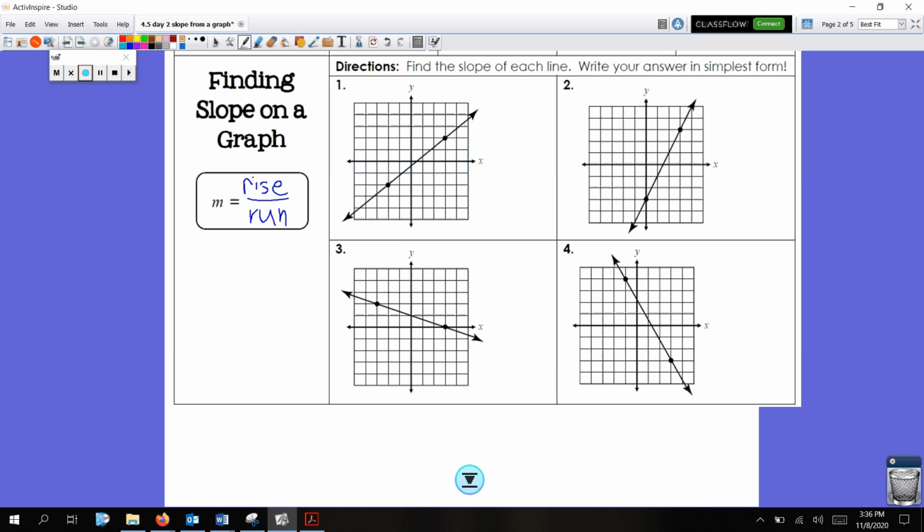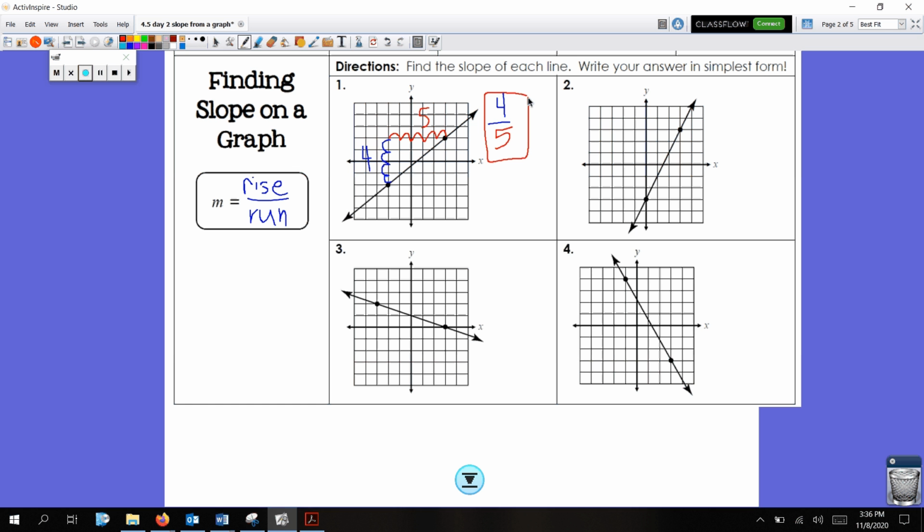So we are going to count 1, 2, 3, 4 is my rise, so that's my numerator, and then my run is going to be, let me change color so we can see it really good, 1, 2, 3, 4, 5. That is my denominator, rise over run. That's my ratio, my fraction. It's already in its simplest form, so I don't have to reduce anything. That's totally fine.